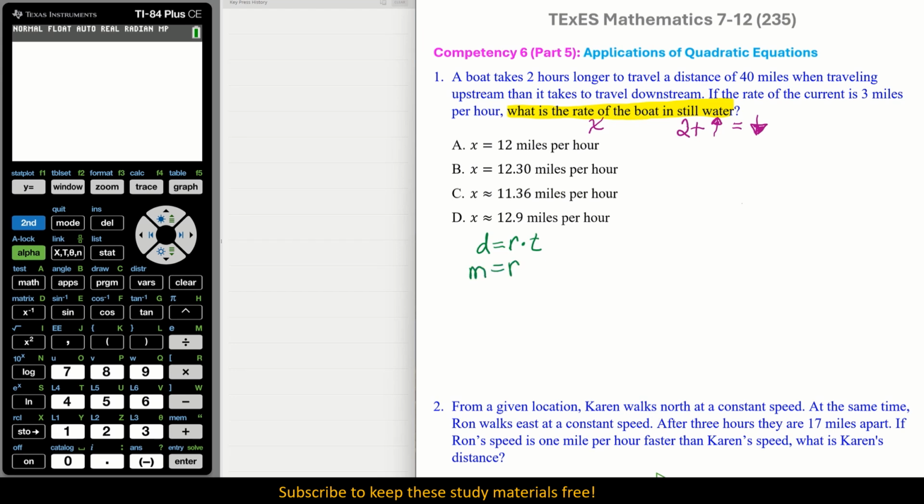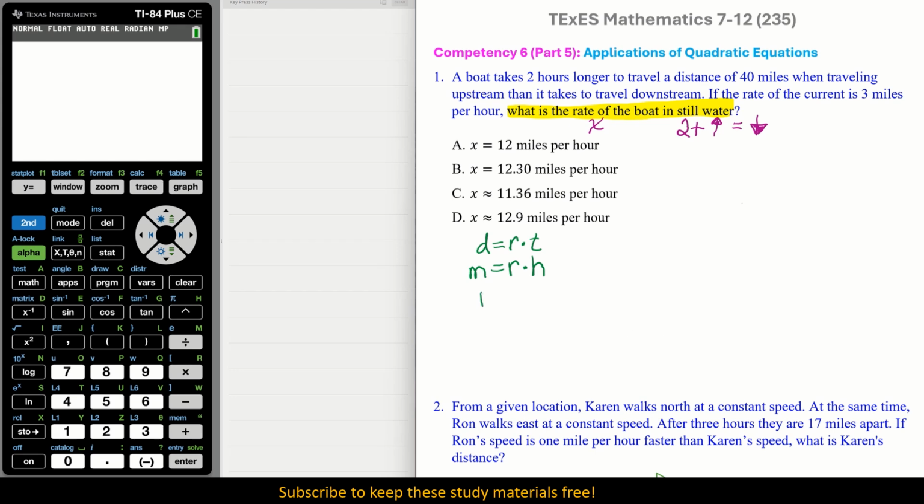We're just going to go ahead and call rate R, just for now. And then that time is hours. Now, we're going upstream and downstream in some amount of hours. So let's put our basic distance formula in terms of hours.